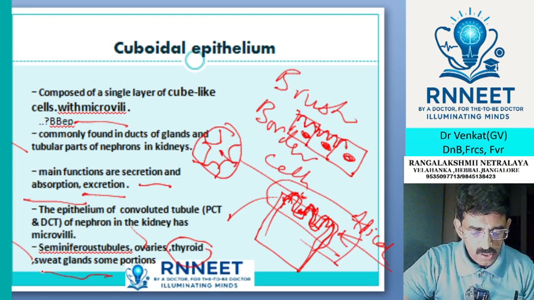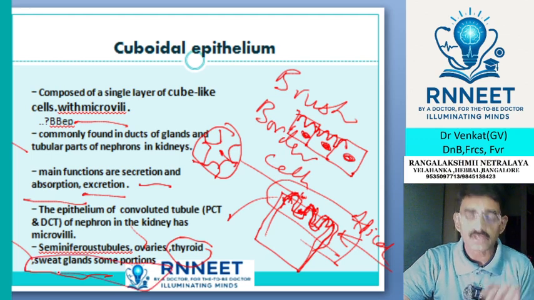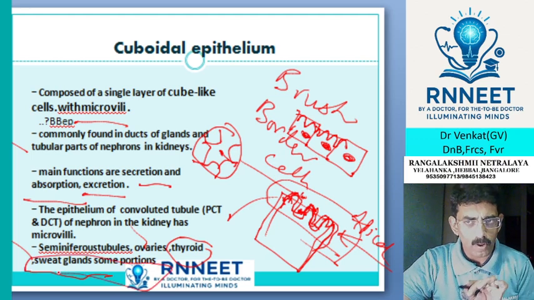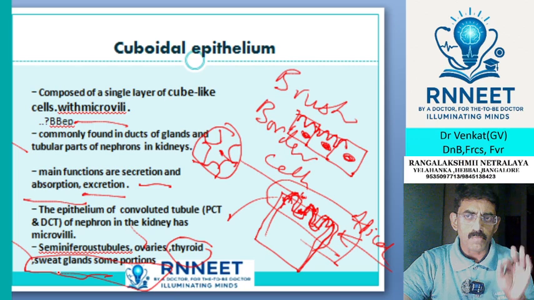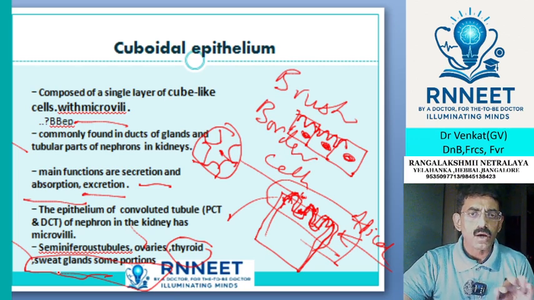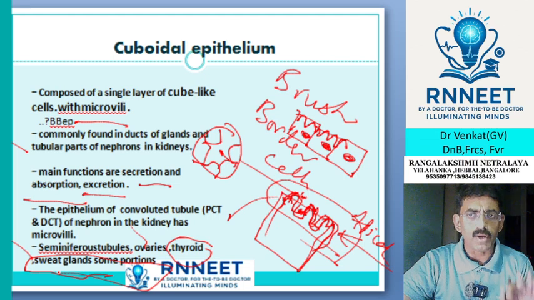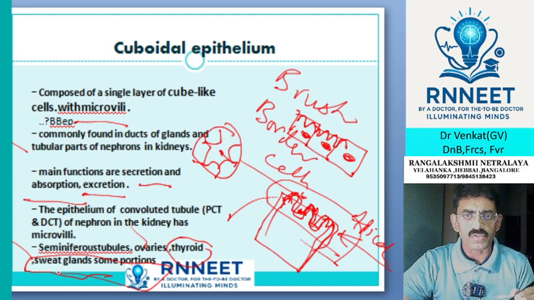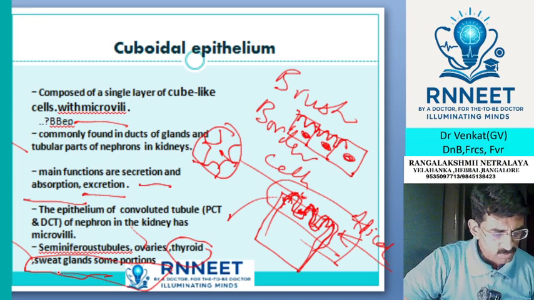Sweat glands, obviously some portions of the sweat glands will be cuboidal. So remember these main features, which are going to be easily understood the moment you know the purpose of these cuboidal cells.